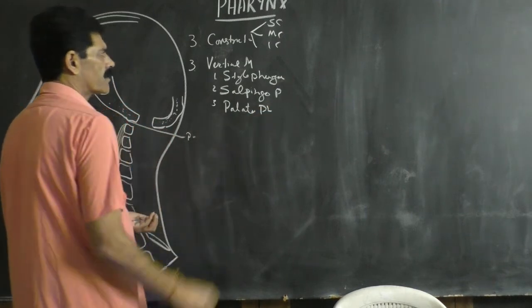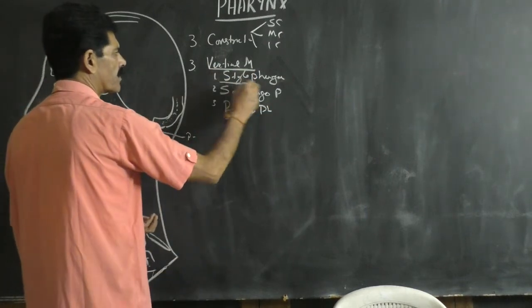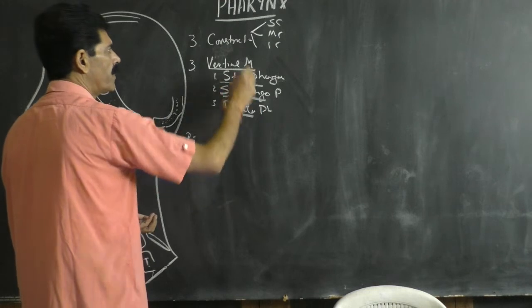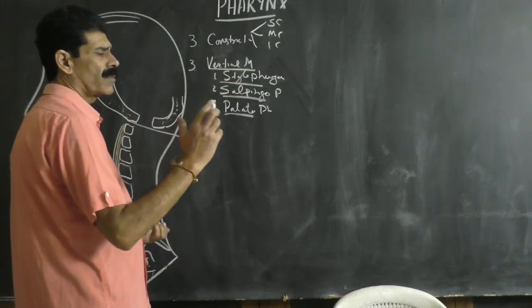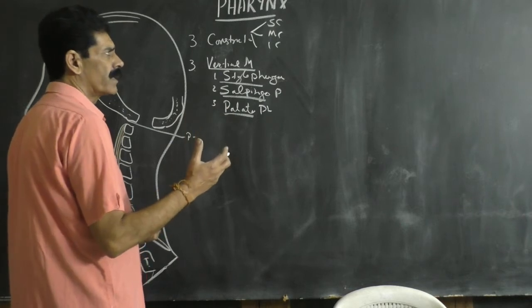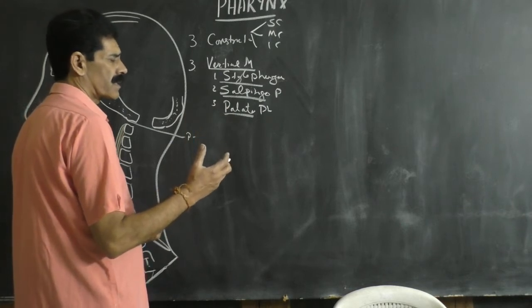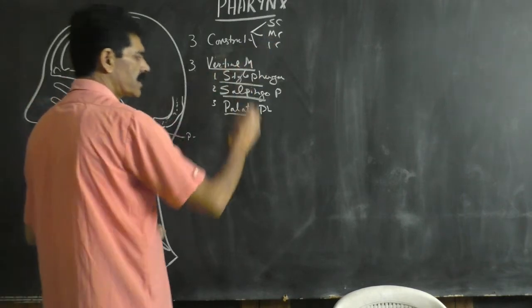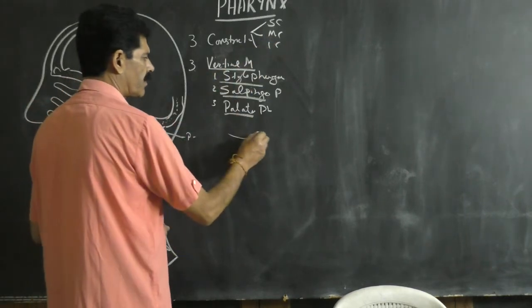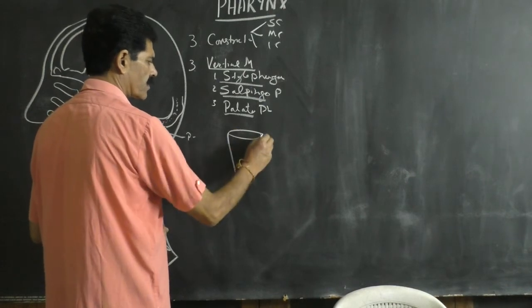So the three vertical muscles give outside support to the pharyngeal tube, and the three constrictor muscles are constrictors because they are almost circular in outline. These three constrictor muscles can be exemplified with the help of three flower pots.